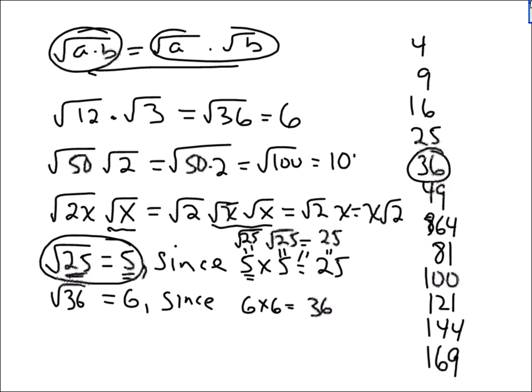That is, the square root of 25 times the square root of 25 is 25. Another way of writing 6 is the square root of 36. Times, another way of writing 6 is the square root of 36. And this equals 36. The square root of 36 times the square root of 36 is 36.